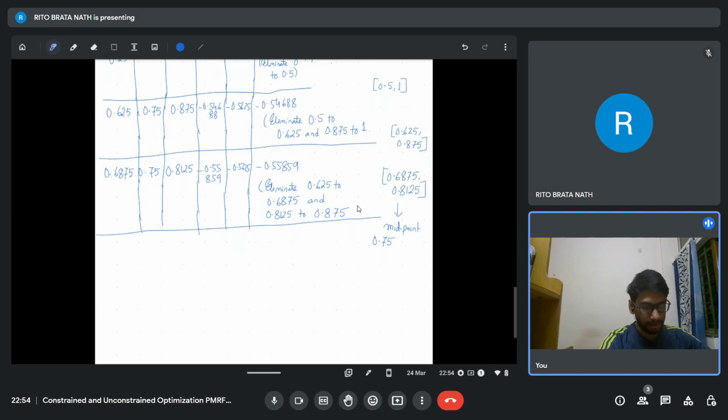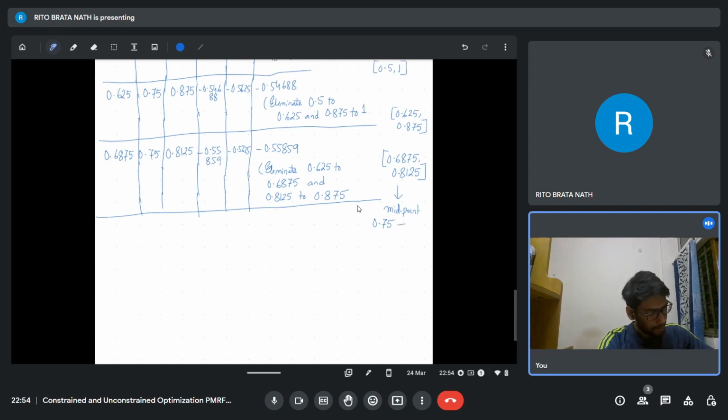If you just consider the midpoint, you are within 10% of the exact value, because the interval length was 1 and you are within plus minus 0.1, and actually it's lesser than that. So that's fine. You can take this as your x star, and your f star will be the value at that point, which is minus 0.5625, right? So this will be your solution to this problem.